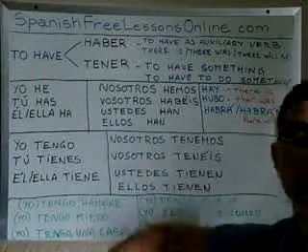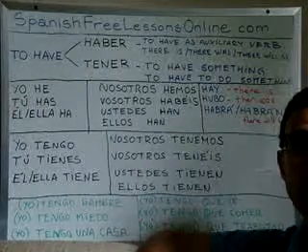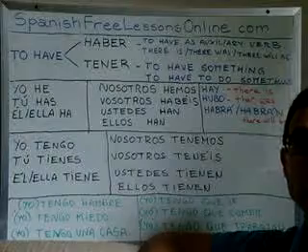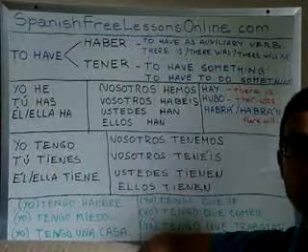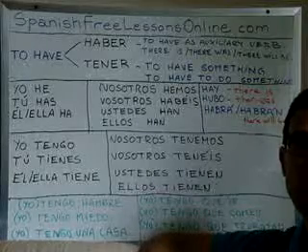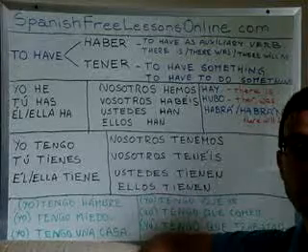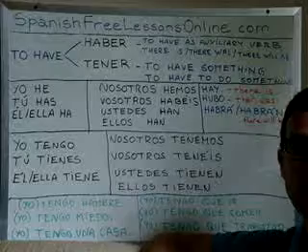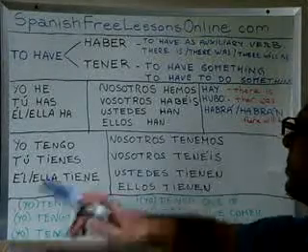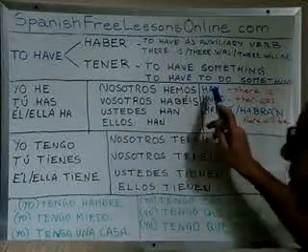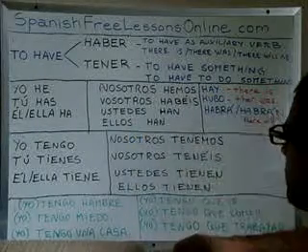For example, there is a car. Hay un auto. Un is the indeterminate article, for singular and masculine, because auto is masculine, yes? So, hay un auto would be there is a car.